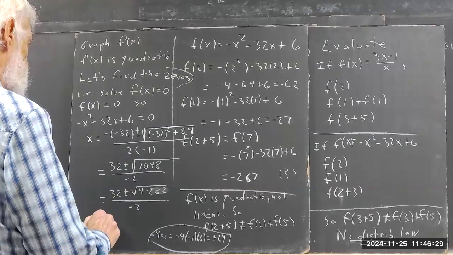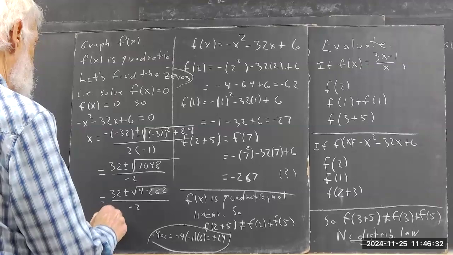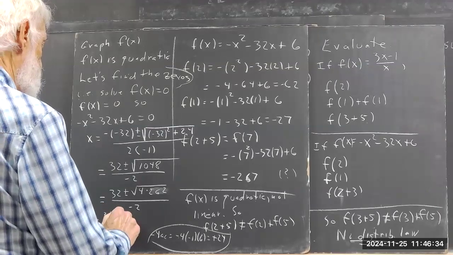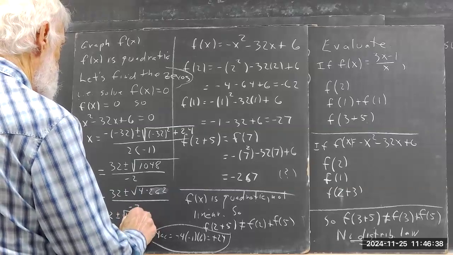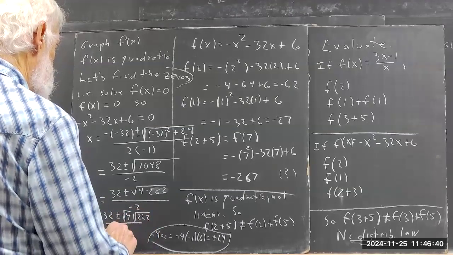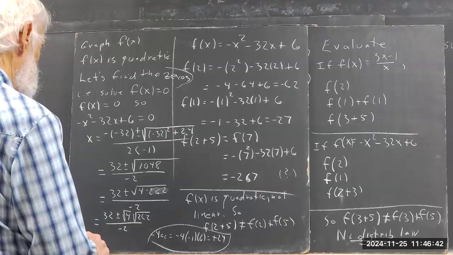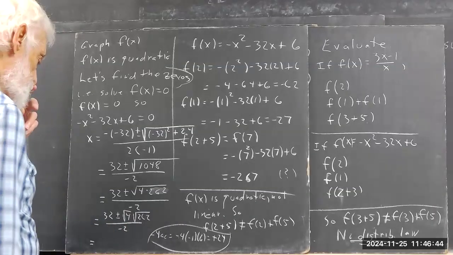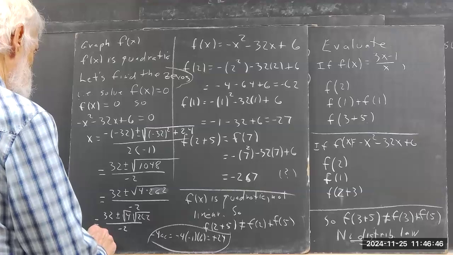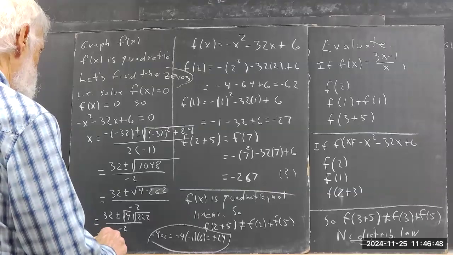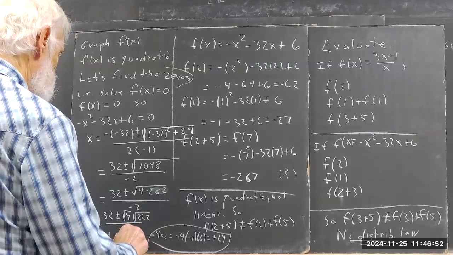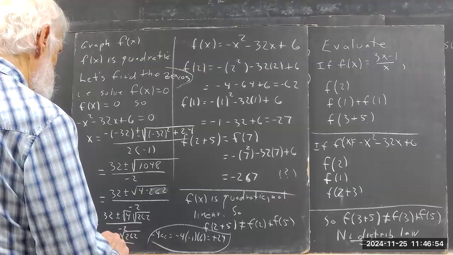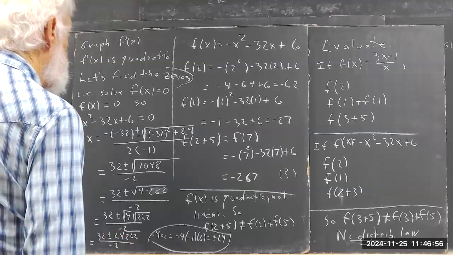We can then say this is 32 plus or minus the square root of 4 times 262, over negative 2. And that's 32 plus or minus 2 times the square root of 262 over negative 2.